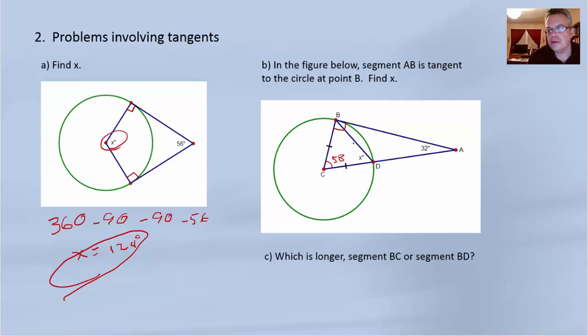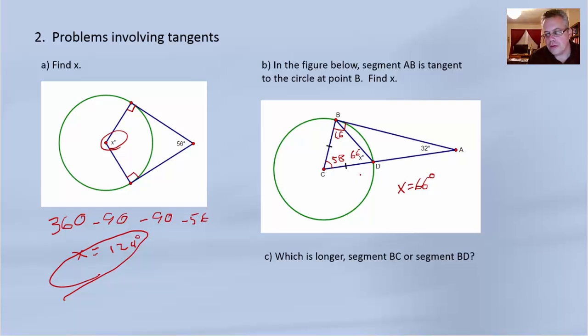And if we divide that by 2, we get 66. So this part of angle B is 66, and X is 66 also. So we found it. X is 66 degrees. So the combination of two things, using the right triangle, and then this smaller triangle is isosceles, and using that.